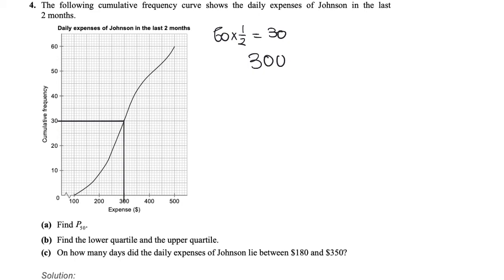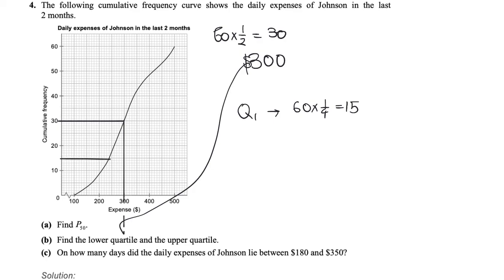Okay, and then for the dollar will be $300, and then for the lower quartile, that means you consider the total times 1/4. So you have 15, and then you draw the line from 15 here, and then the number here, which will give you 240. That means this is equal to $240.